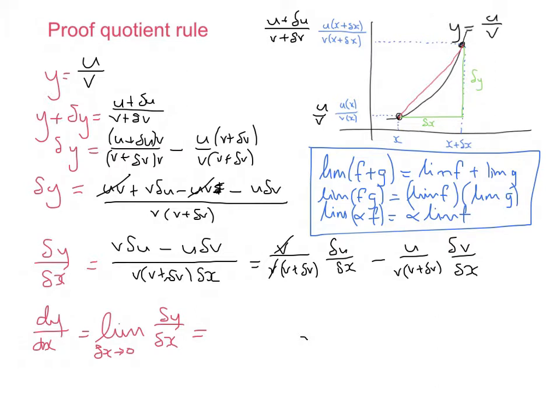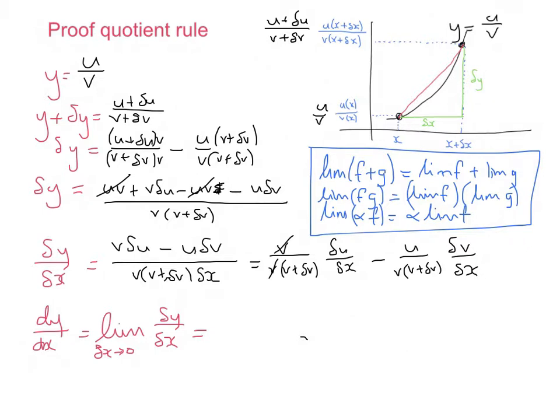So look at the thing we've got to take the limits of. We can take this limit separate from this limit using the first rule. Then we can look at this limit and then multiply by this limit, and break it all up like that. So what's that going to give us?